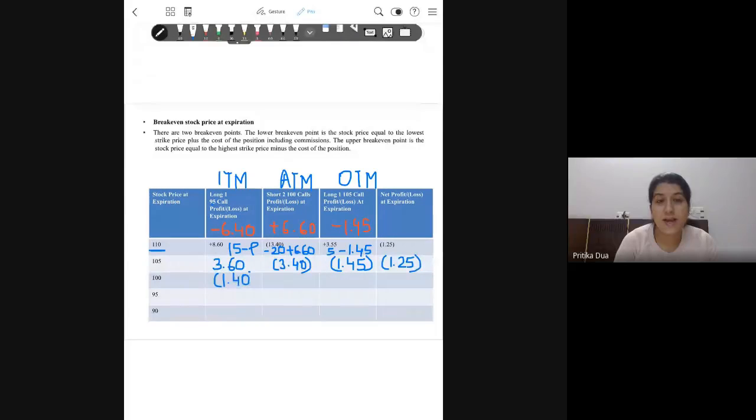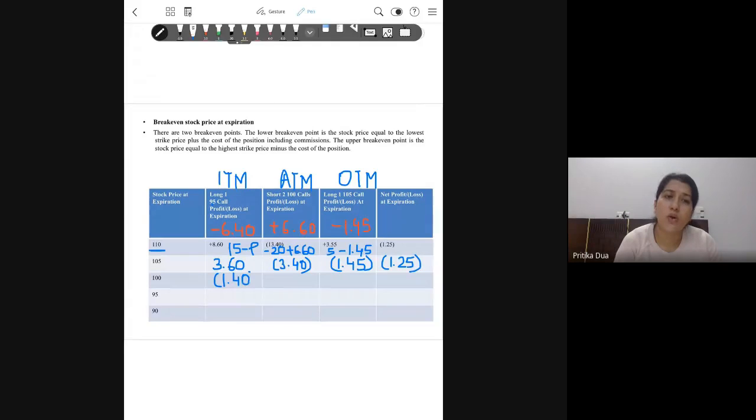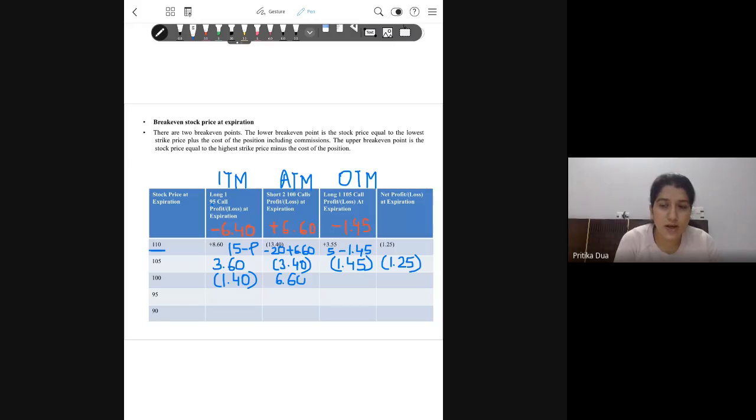सेकंड जो आपके पास 100 rupees की कॉल है, ये आपको एक्चुअल में प्रॉफिट देगी क्योंकि जो आपकी शॉर्ट कॉल्स हैं वो एक्सपायर हो जाएंगी, but you have already earned a premium of 6.60. ओके. लास्ट जो केस है 105 कॉल है, that again will expire worthless but you have paid a premium of 1.45 on the same.